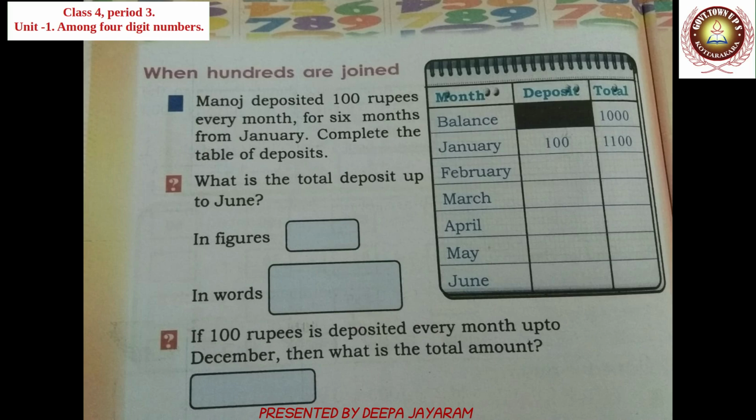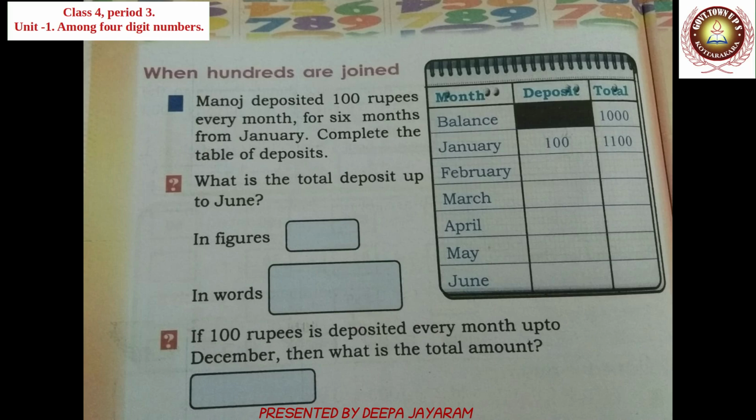First, you have to complete the table and find the total amount by adding the numbers in the total column. Here, one thing you have to remember: every month Manoj deposited the same amount, 100. So the deposit column is always 100. Only the total column will change. First, you complete the table.